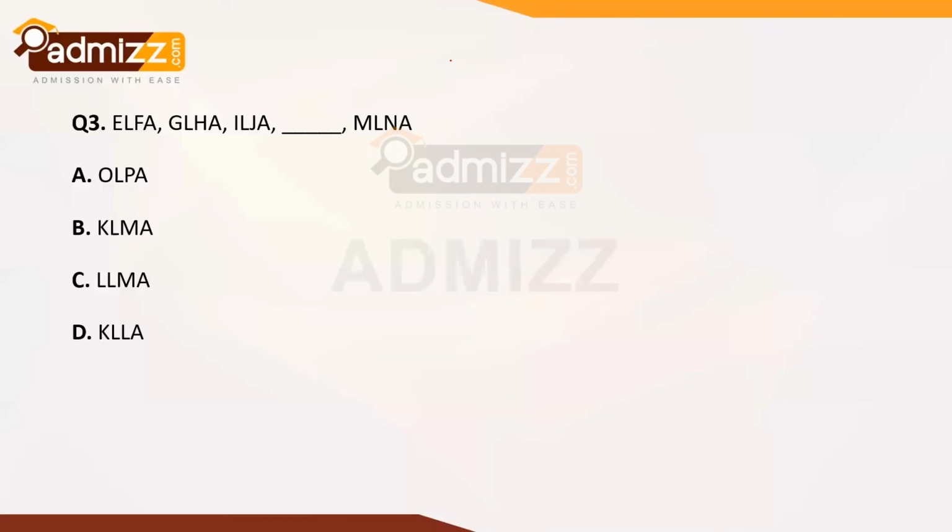Yep, I'm receiving answers from Samjana. All right, so the answers are quite mixed. Samjana gets it correct. The correct answer in this case is option number D, which is KLLA.